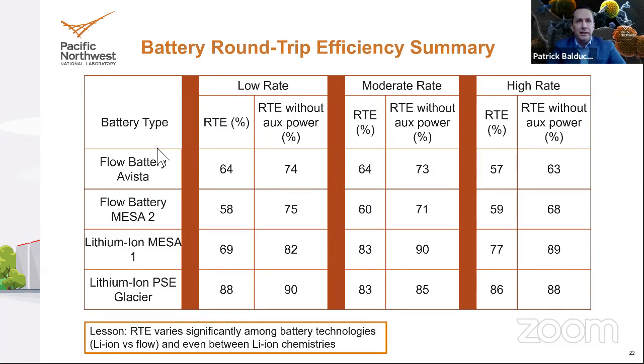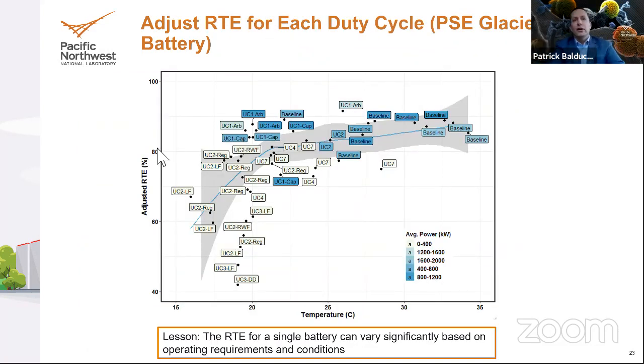Well, I think I stated this wrong. When you include the auxiliary power in the calculation, then it's going to be 69 to the high 80s, and that's the appropriate metric. Without auxiliary power, it tends to be higher, in the 80s to low 90s. Flow batteries tend to be a bit lower, in the 60s and 70s for the most part, in terms of their round trip efficiency, which means every time you charge and discharge them, you're losing 30 to 40% of your energy.